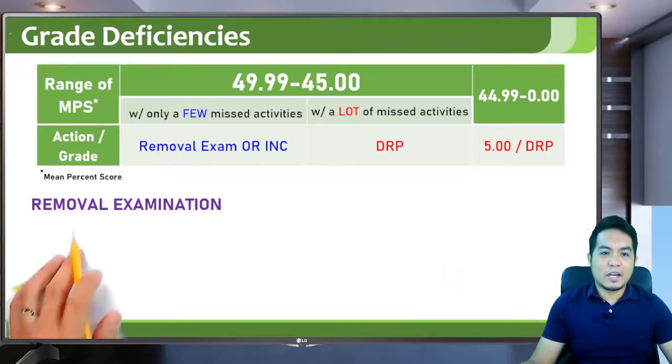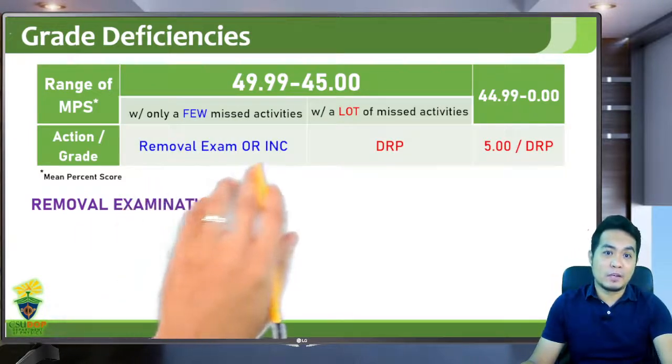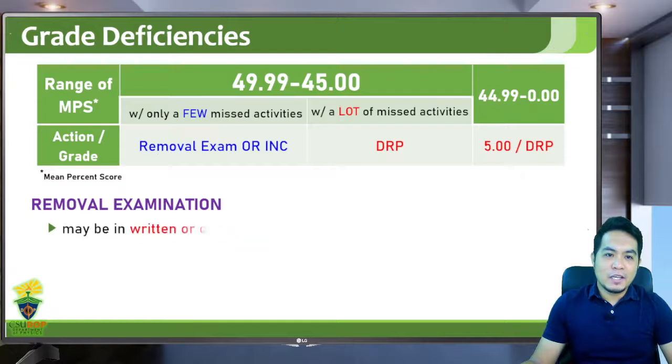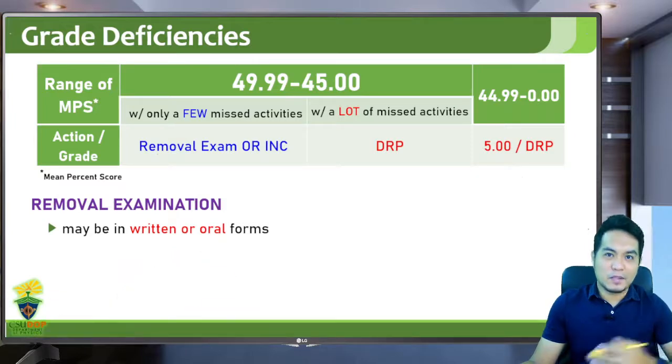For the removal exam, if you qualify or are eligible for this category, the removal exam may be in written or oral form. Usually I give a written exam first, and if you fail but you're near the passing score in the written removal examination, I will give you a confirmatory oral exam.